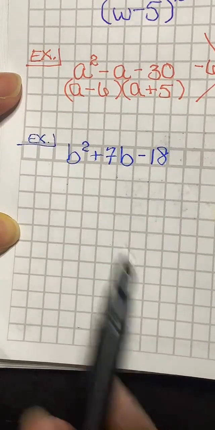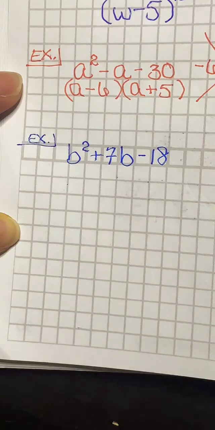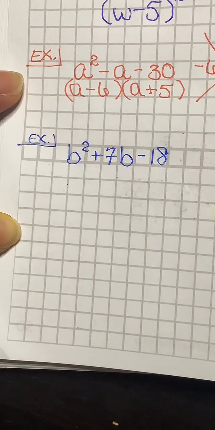B squared plus 7b minus 18. What is this called again? This one, factoring trinomials.